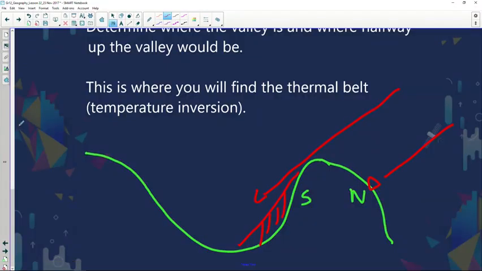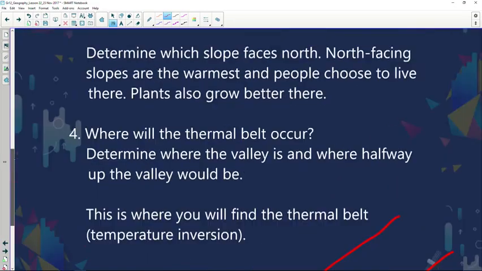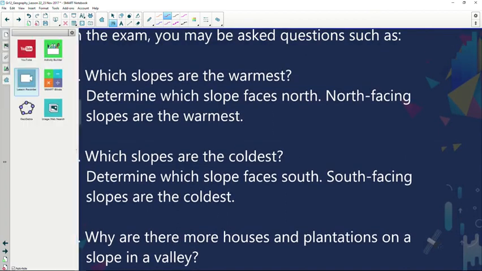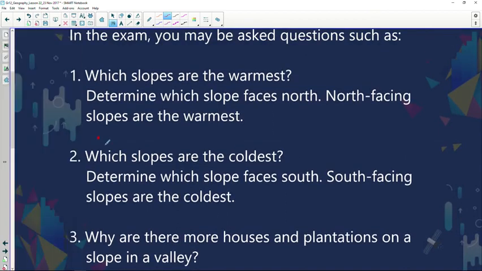Now, if we look at the next question, which slopes are the warmest? We already determined it: the north-facing slopes, because they're facing towards the equator, so we will experience warmer temperatures there. Now, which slopes are the coldest? The south-facing slopes, facing away from the equator.